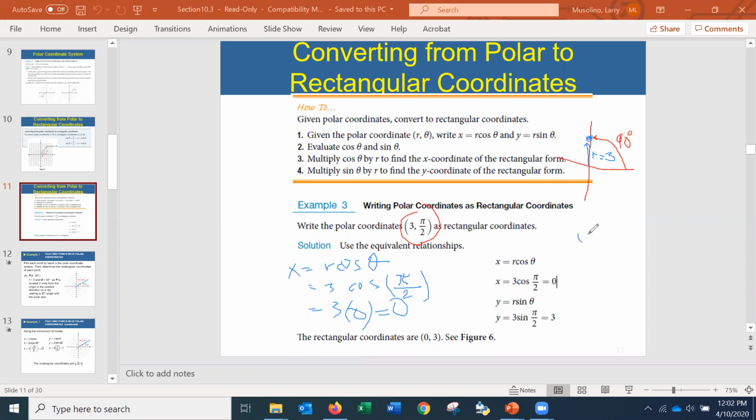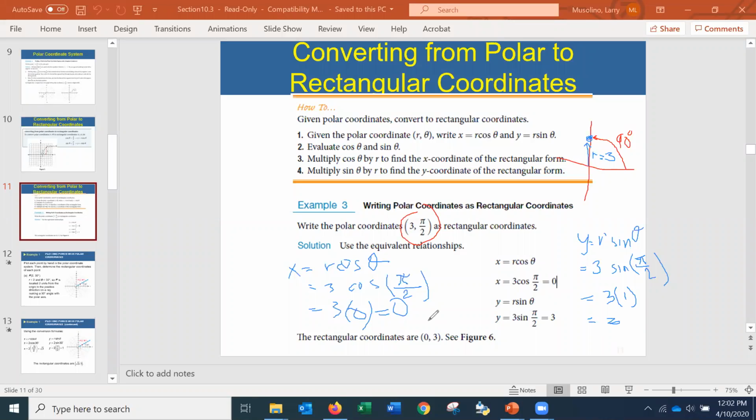Let's do y equals r sine theta. So that's going to be 3 sine pi over 2. Let's remember sine pi over 2 from the unit circle. Well, sine pi over 2 is just 1. So that's 3 times 1, which is 3.